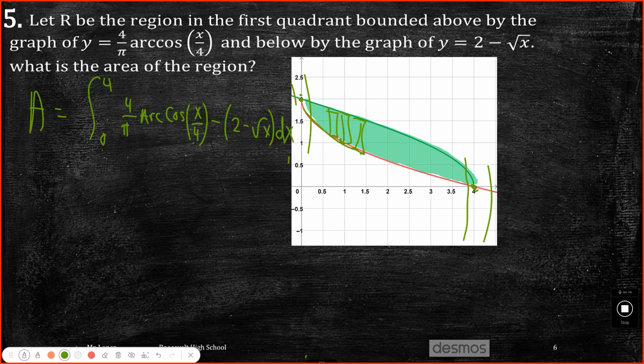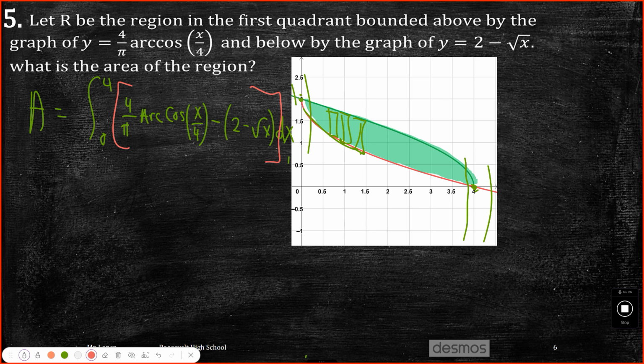Shift plus integral, 0 to 4. I will use brackets again, just to have brackets around the whole thing here. And then that first one, you don't need anything other than 4 over pi. Arc cosine is actually the cosine inverse.